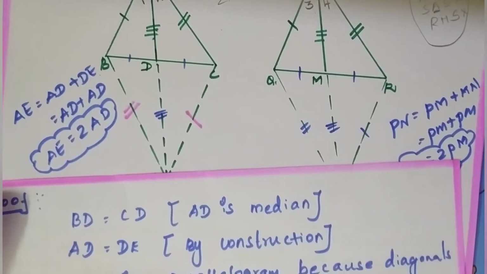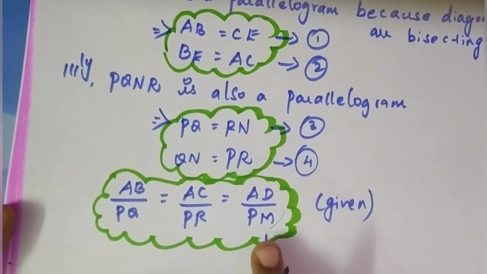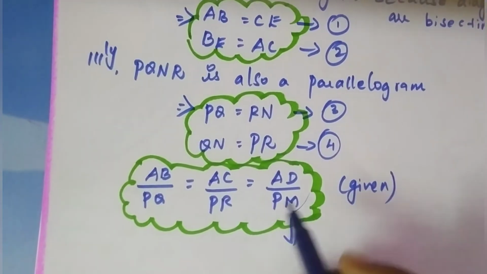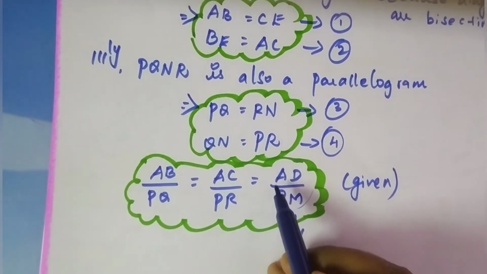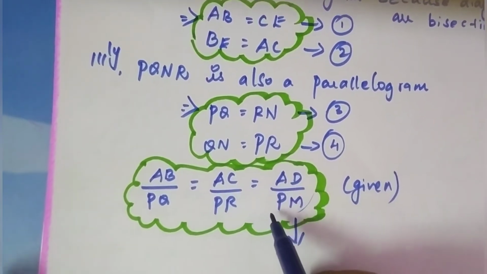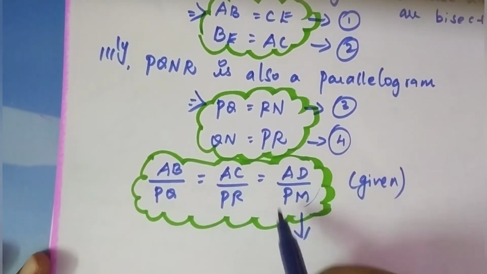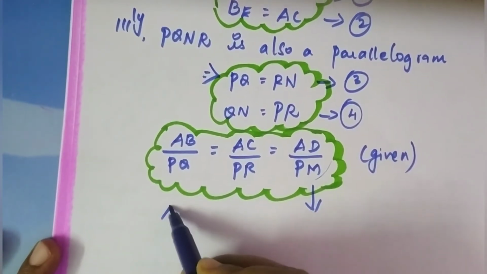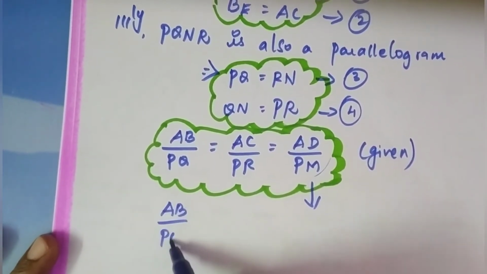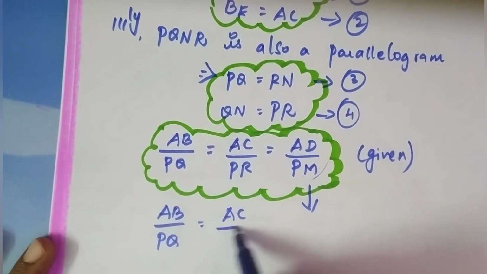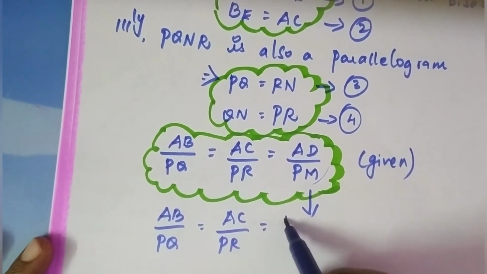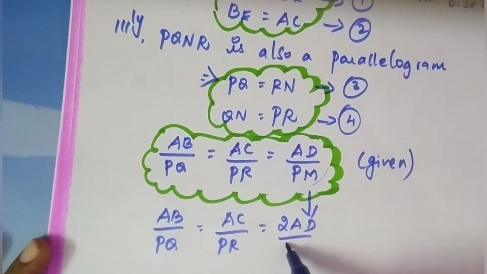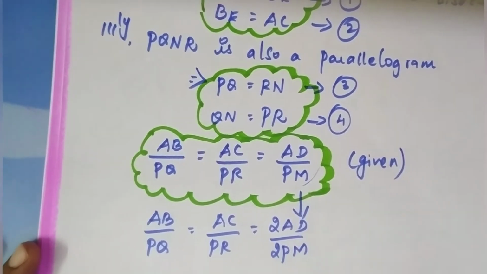So I'm going to change this median portion alone. First I'm going to multiply 2 to the numerator as well as to the denominator for the last proportion. So AB divided by PQ, AC divided by PR and 2AD divided by 2PM.